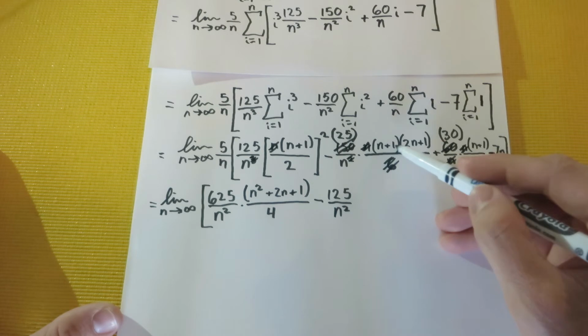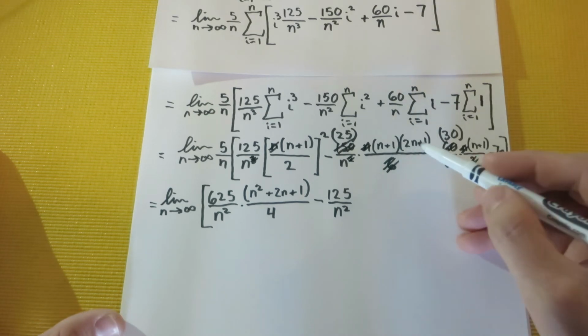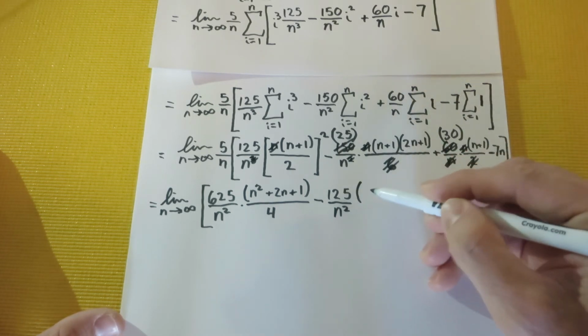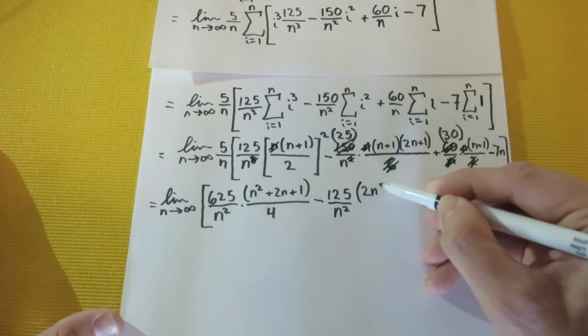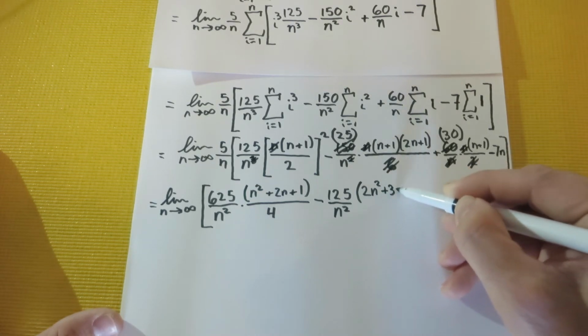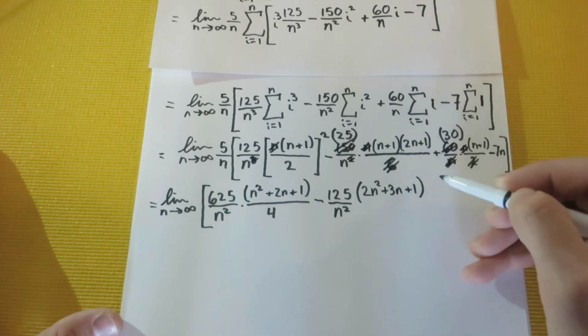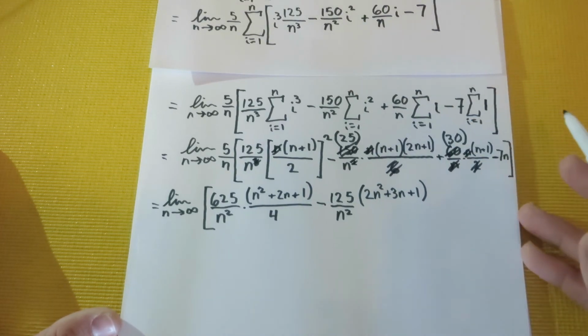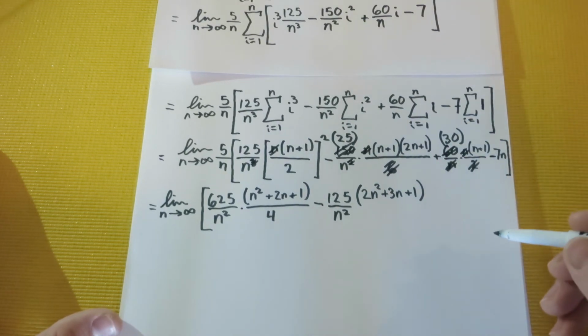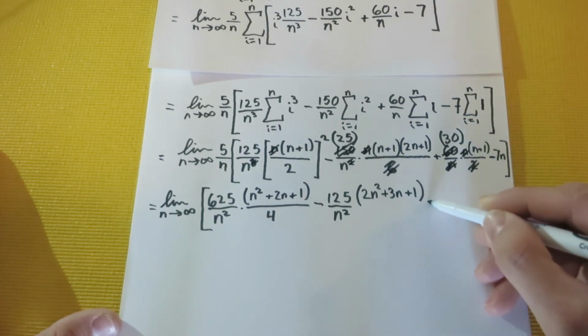And when I FOIL this out, that's going to give me 2n squared plus 3n plus 1. 5 over n times 30 is just going to give me 150 over n.